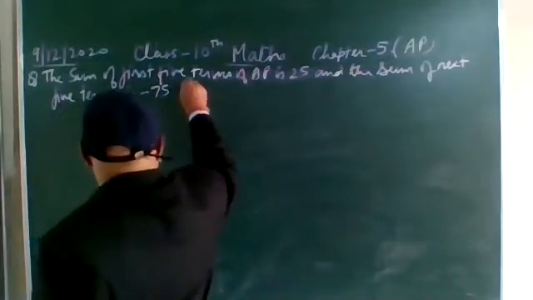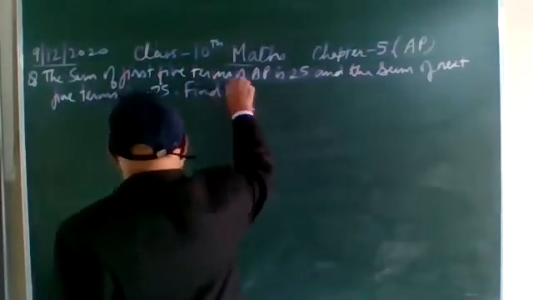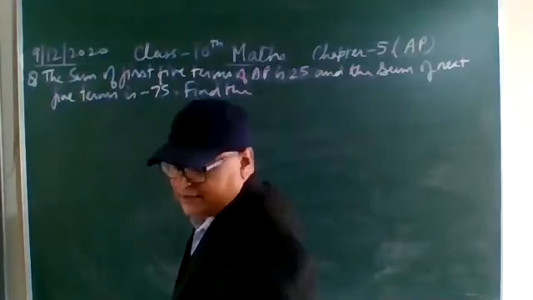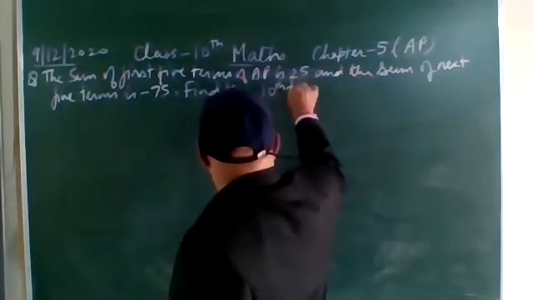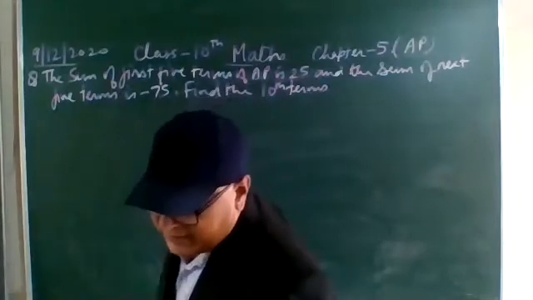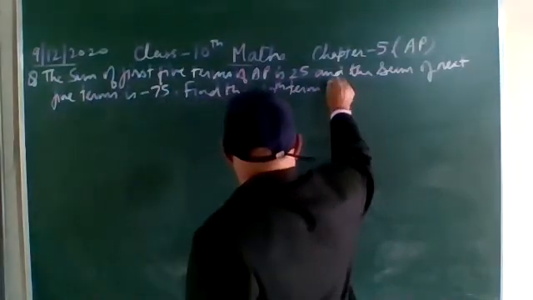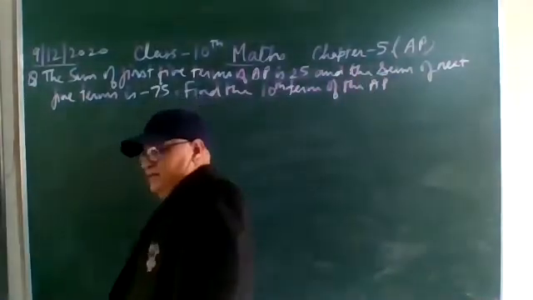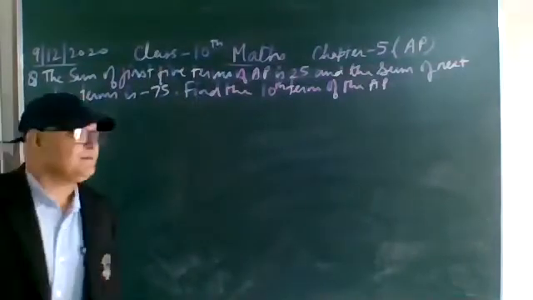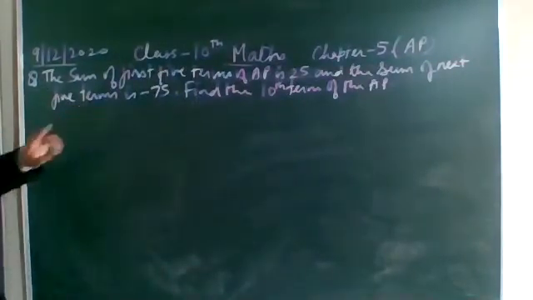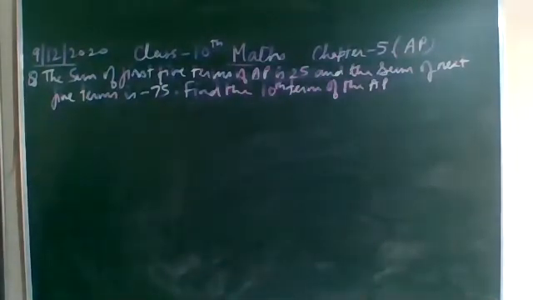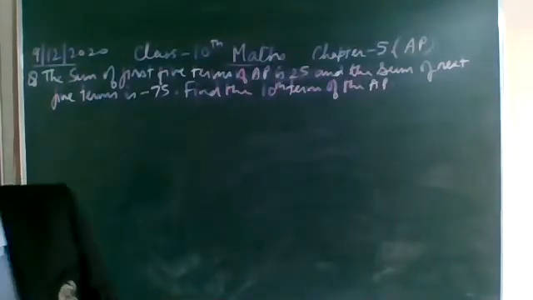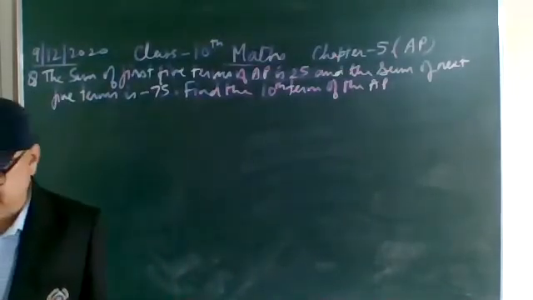Find the 10th term of the AP. The sum of the first 5 terms of an AP is 25 and the sum of the next 5 terms is -75.